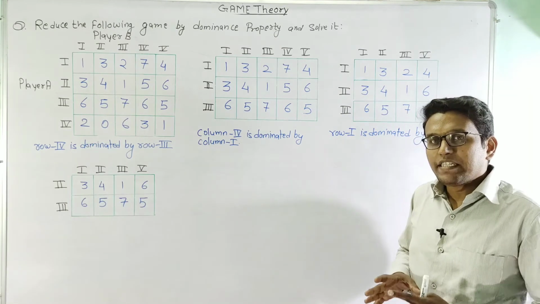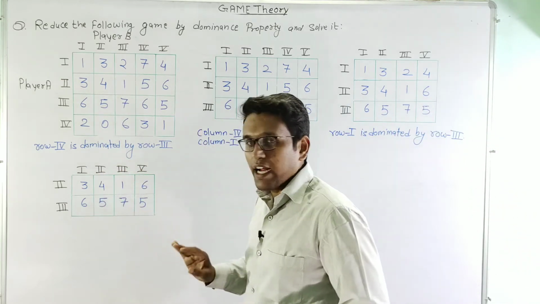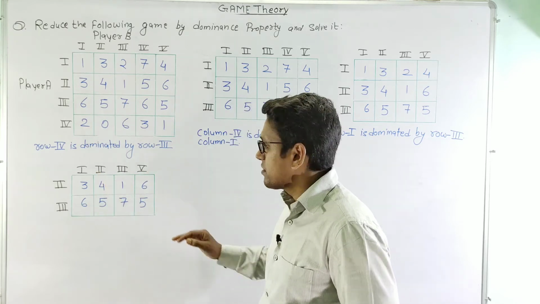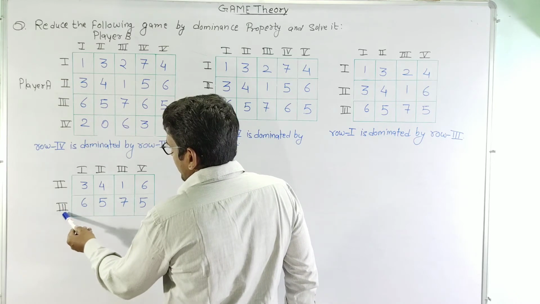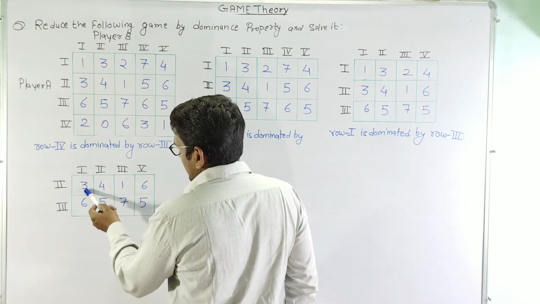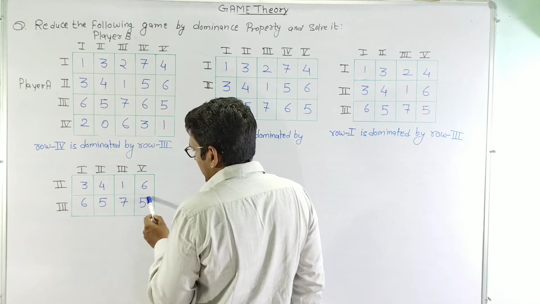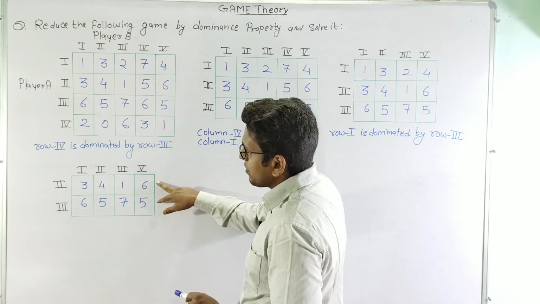So after eliminating row 1, this is our revised matrix again, and again here we will compare rows and columns to find the dominance. So let us compare here row 2 and row 3. So 6 is greater than 3, 5 is greater than 4, 7 is greater than 1, but 5 is less than 6. So there is no dominance between row 2 and row 3.